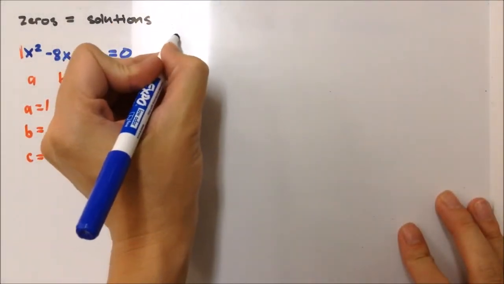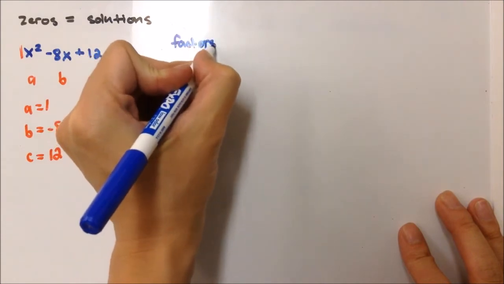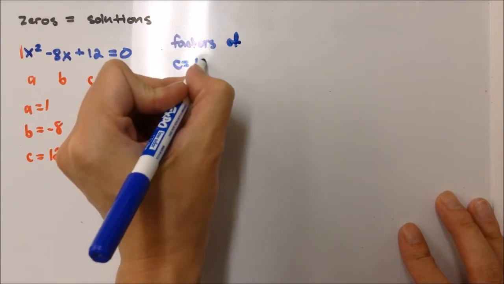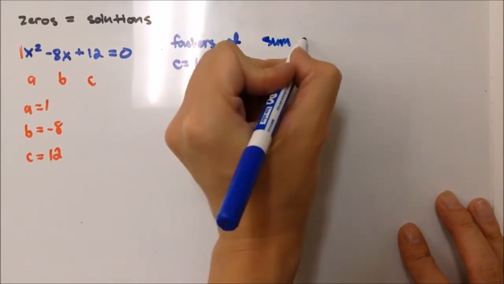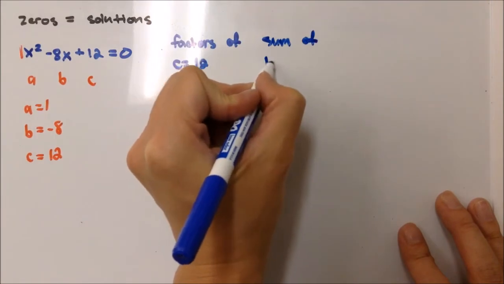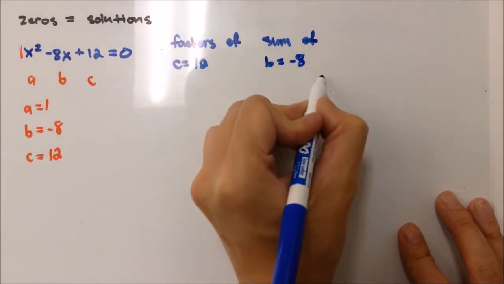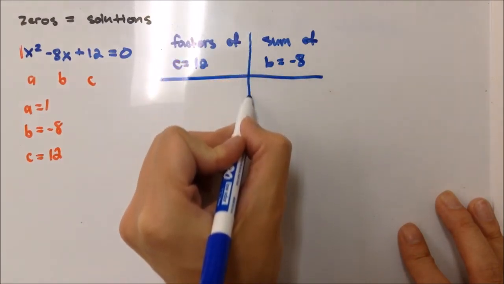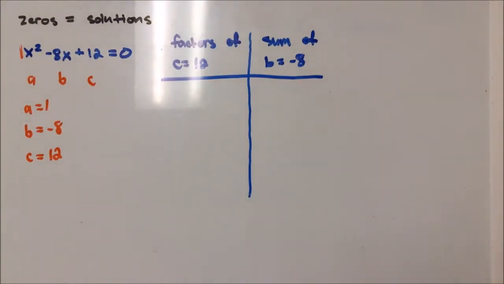So factors of C, which is positive 12, and then sum of B, which is negative 8. Alright, so now we've got to think of factors for positive 12.